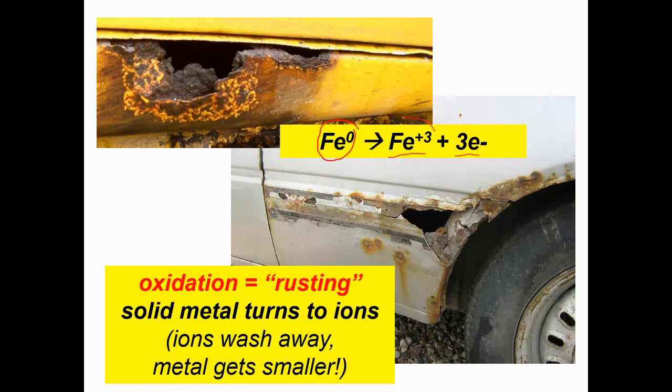These iron ions can just get washed away by the rainwater or salt water or slushy water or whatever it is that is dripping off of your car. So the car body gets smaller because the atoms of iron that make up the car body actually turn into ions and get washed away. That's why you get holes in your car from rusting.